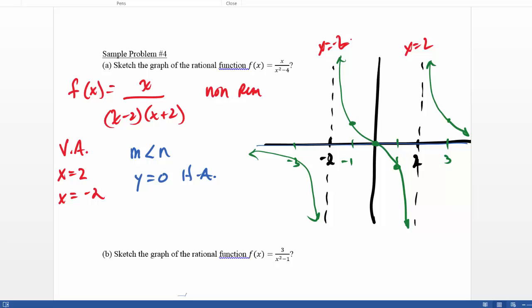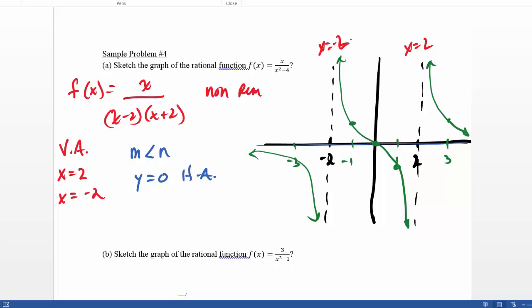Now what I didn't show you on the screen is I went ahead and t-charted a handful of points from each of these three regions of the graph, just to give myself a reasonable sketch on each of these given parts, and you can see how that turned out.